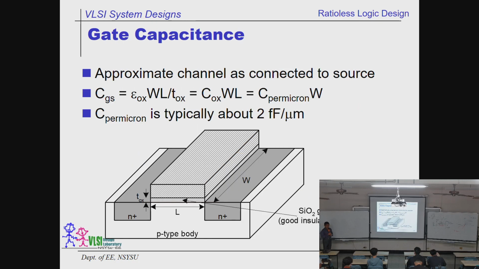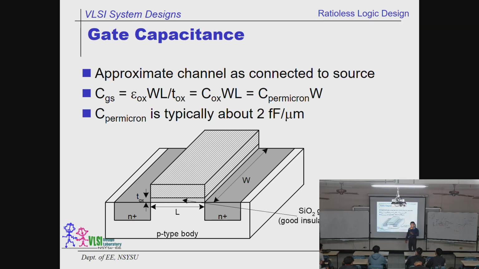So right now we are going to formulate it as well. So this is how it is formulated. All right, check here. CGS, gate to source, is pretty easy. Epsilon, area over thickness. This is 1. And then people like to make it simpler, so they combine the length with the gate, the unit gate capacitor, to be this one.